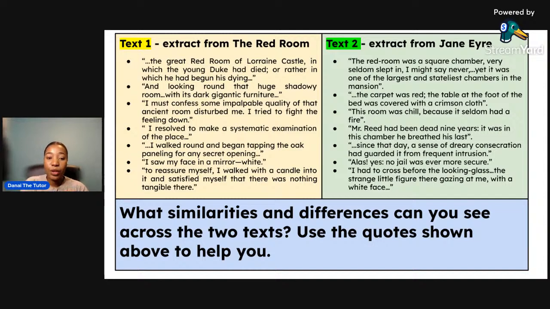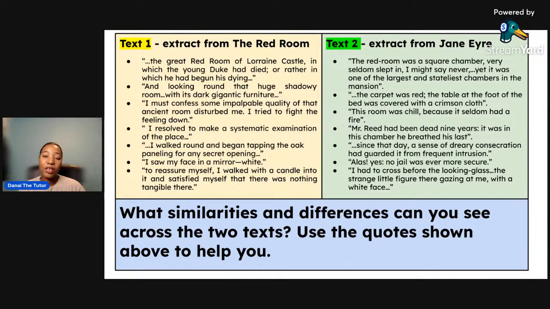But now I want you to have a look at the quotes that I've put on the screen. You might have other quotes in mind if you've already read the text. If not, just focus on the quotes on the screen for text one and text two, and think about the differences and similarities that are shown.